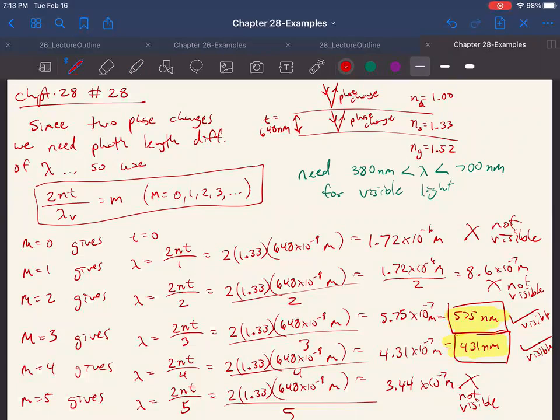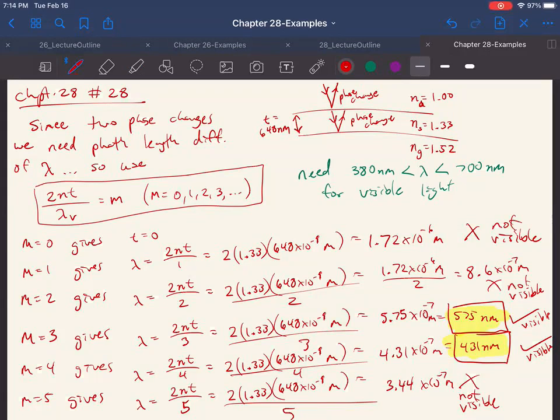Since we have 2 phase changes, they cancel each other out. And so we go right back to needing a full path length difference. So we choose the one without the 1/2 in it. We end up using the one for destructive interference with a single phase change, but we're using it for constructive interference because we have 2 phase changes, which cancel each other out.